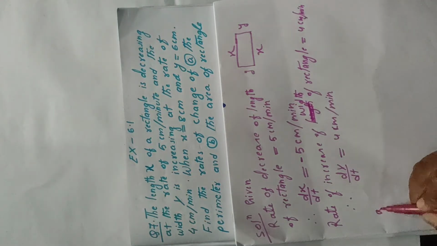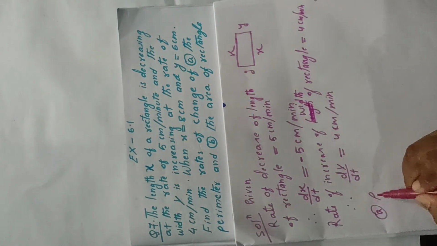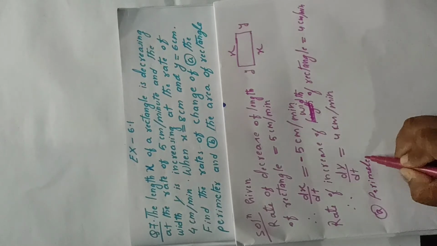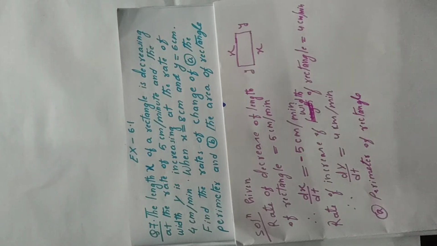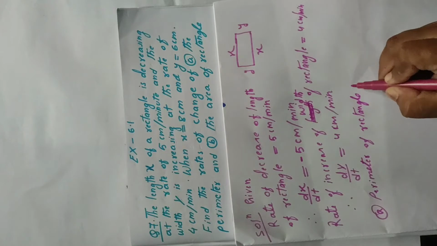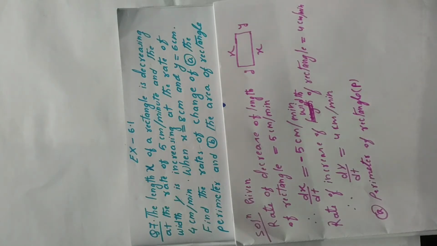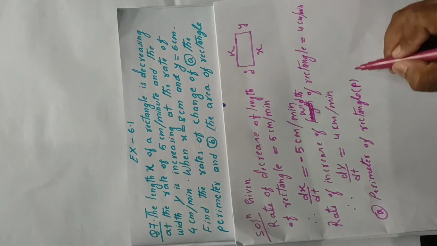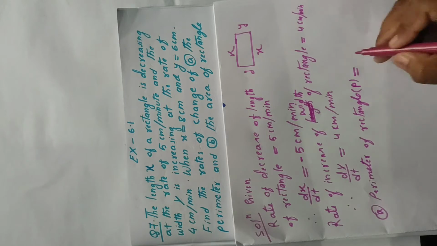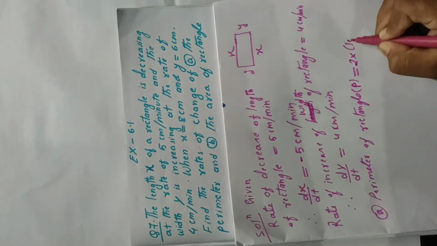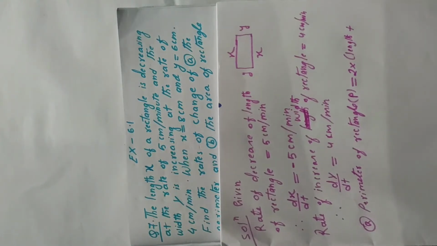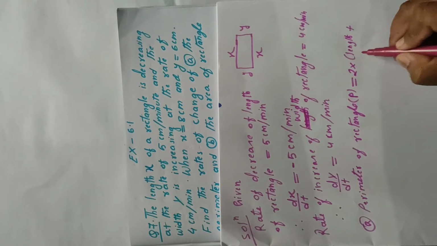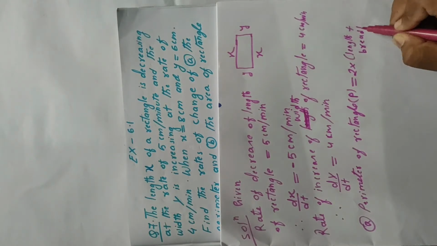Since we know that perimeter of rectangle, suppose here perimeter of rectangle is considered as P. So P equal to, as we already know the perimeter of rectangle formula is 2 into length plus breadth.